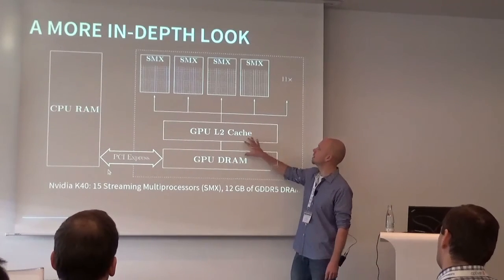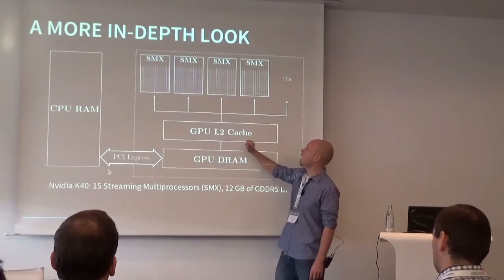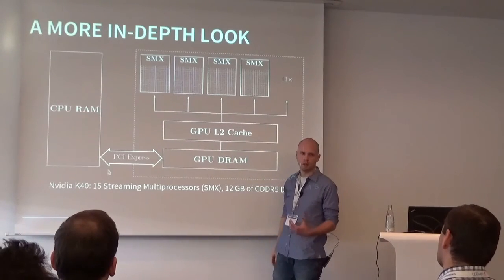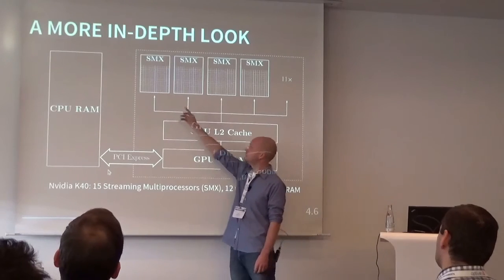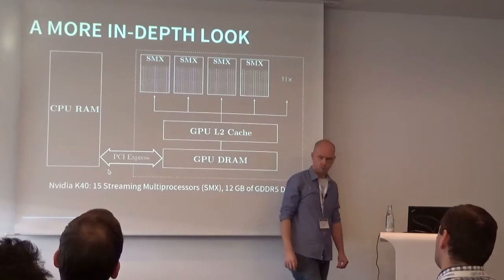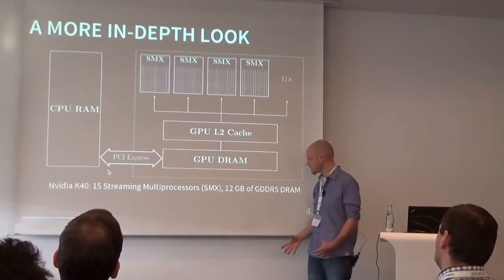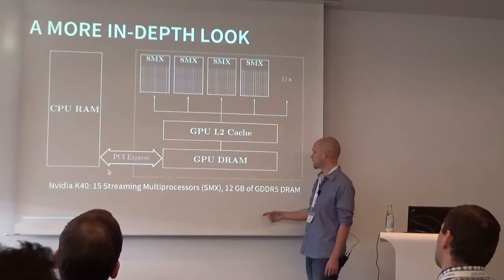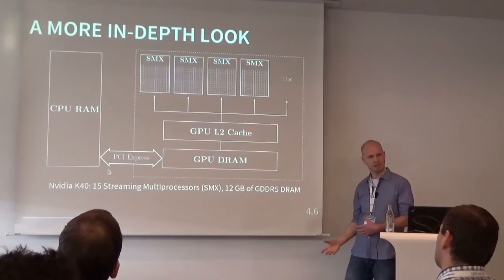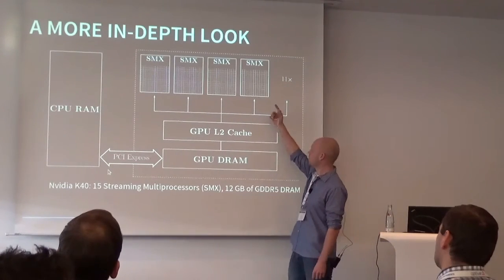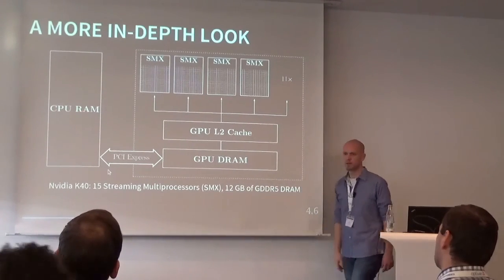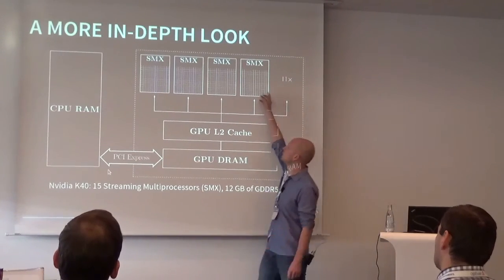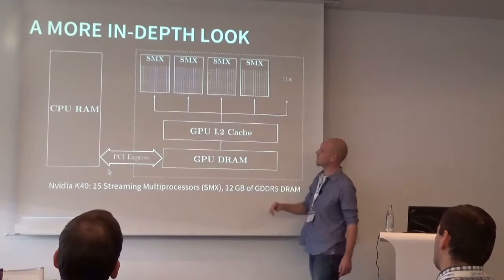And then there's a memory hierarchy until it actually lands on the components on the GPU that really do the work. On NVIDIA architectures, these are streaming multiprocessors, in short SMXs. For example, on the K40, which is half of the K80, you have 15 of these, okay? So this is what is on one die, this row up here.